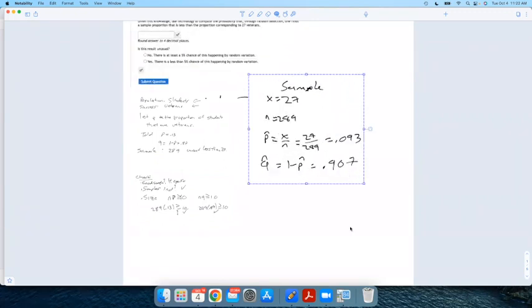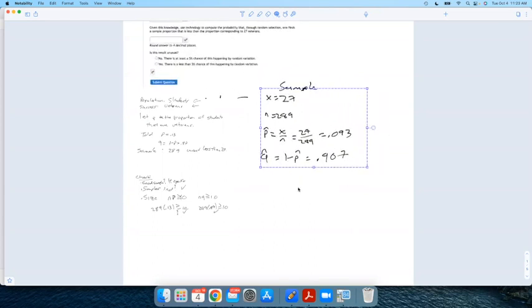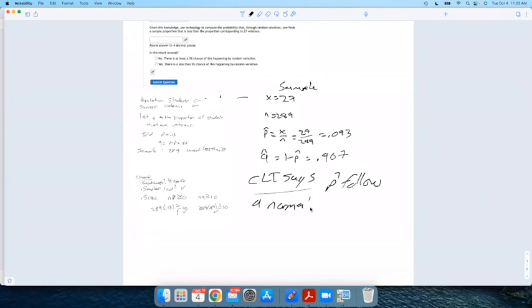The central limit theorem says that for all possible samples of size 289, the p-hats, the sample success rates, follow a normal distribution with the mean of that distribution being the population proportion of success, 0.13. That's what we had right there.